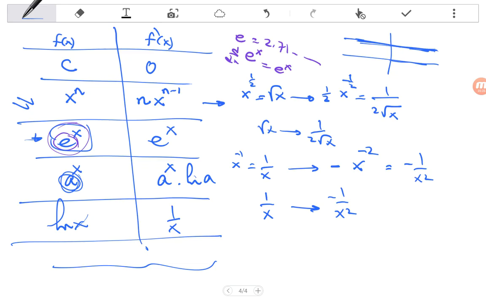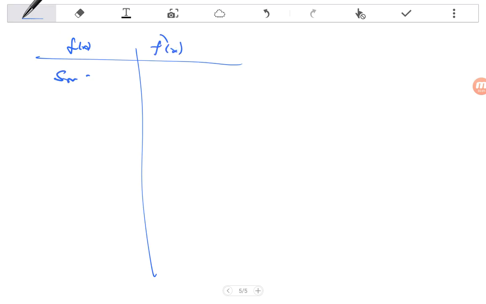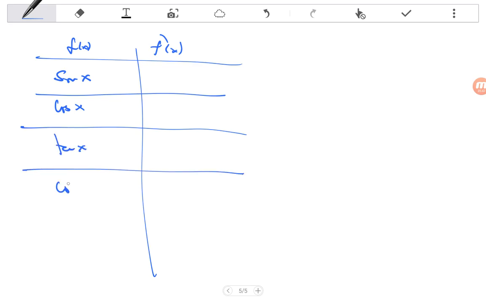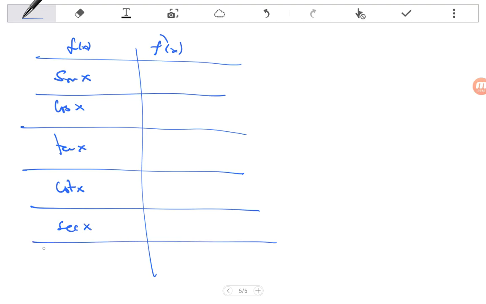Also, we have studied the trigonometric functions. So we will have a table for the derivatives of the trigonometric functions, which is like this: f of x, f dash of x. We have here sine x, cosine x, tan x, cotan x, sec x, cosec x.